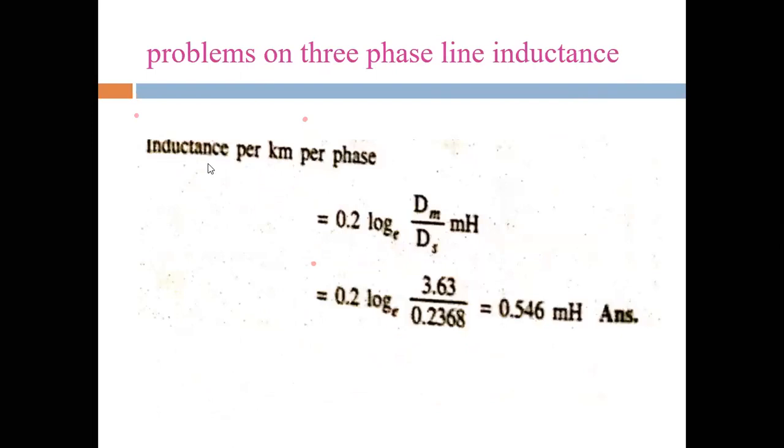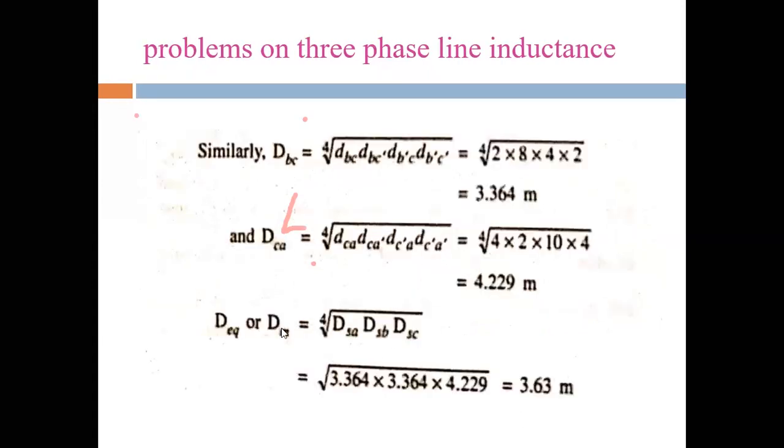Then we calculate the inductance per kilometer per phase. Therefore, inductance L is equal to 0.2 log e Dm by Ds. Okay, what is that Dm? Dm is equal to 3.63.